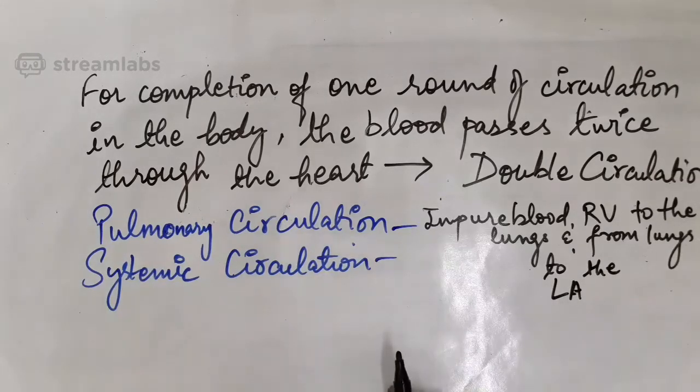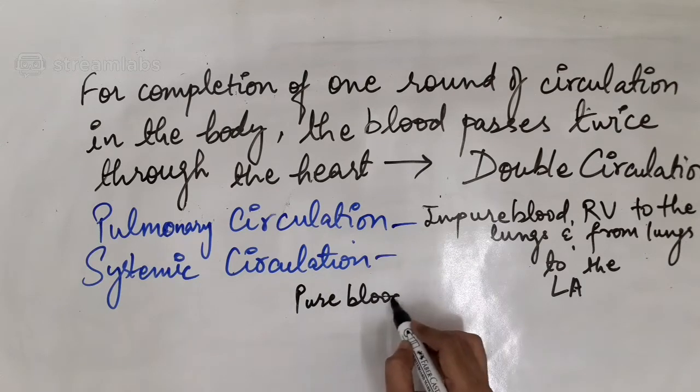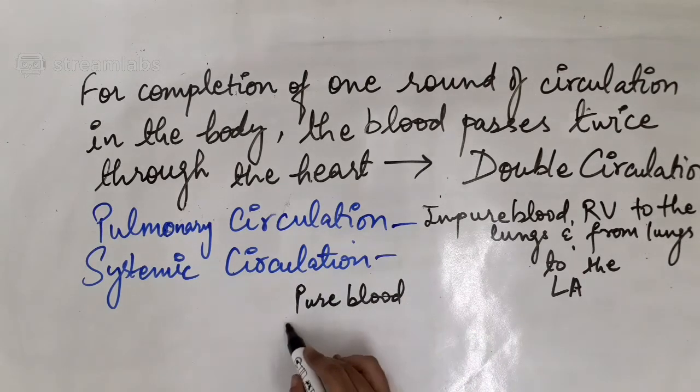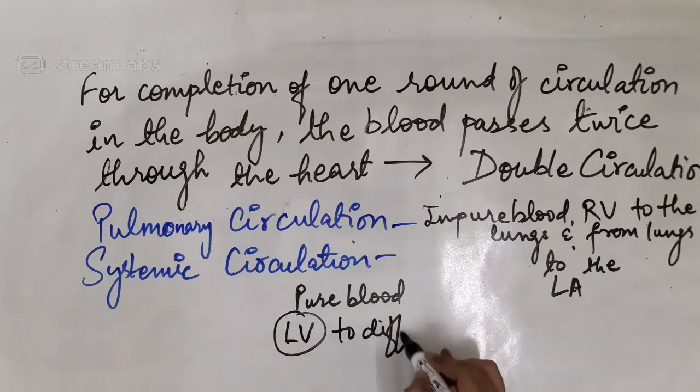And systemic circulation is pure blood going from the left ventricle to different organs of the body.